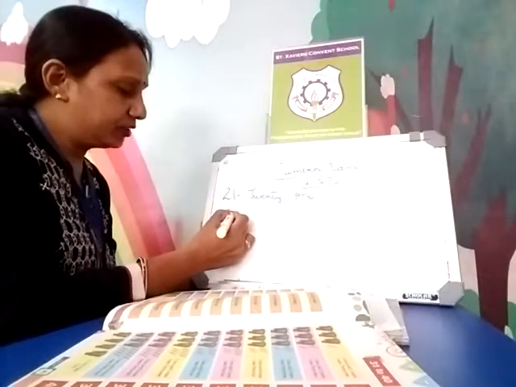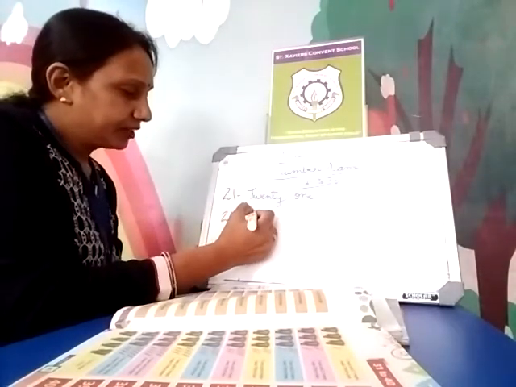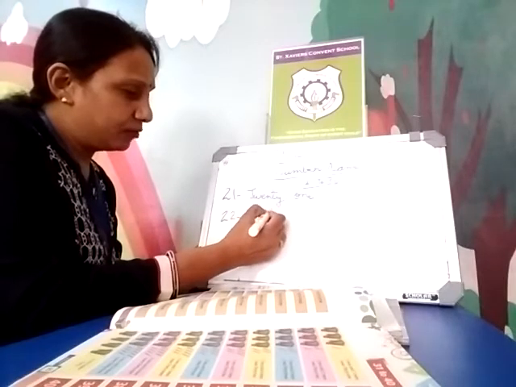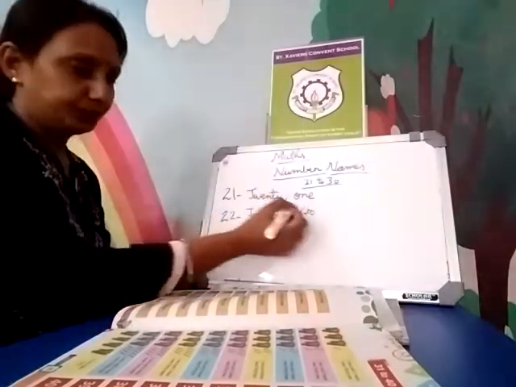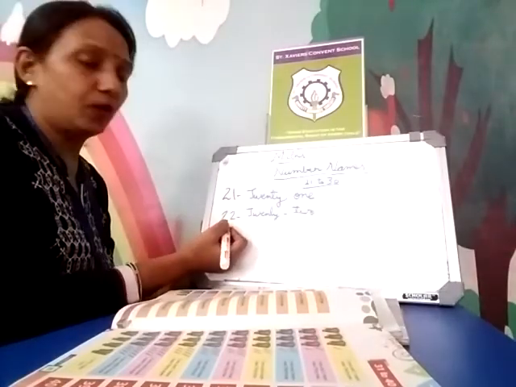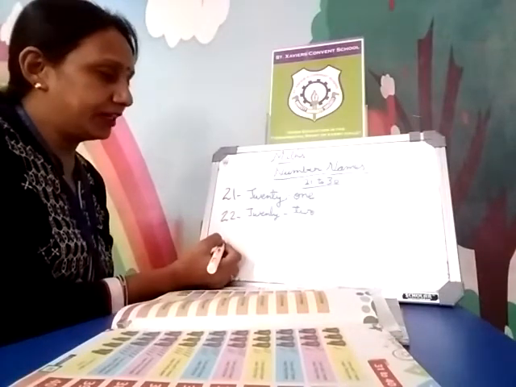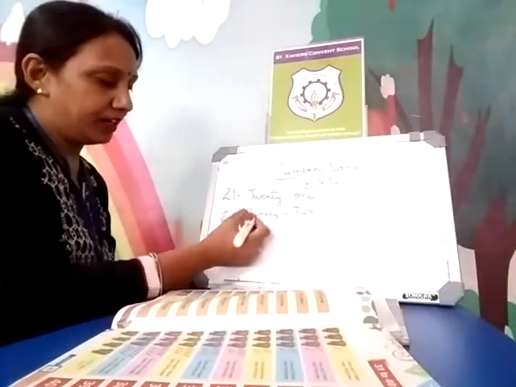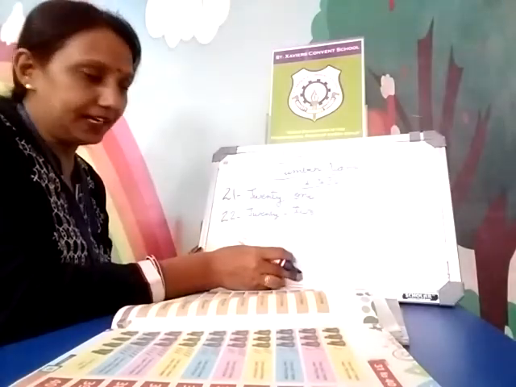Spelling of 22, you write the same way: TWENTY, 20, TWO, 2. So this way you have to complete the spellings till 29, 21 to 29. Write the spelling of 20 on this side, and 1, 2, 3, 4, 5, 6, 7, 8, 9 on this side.